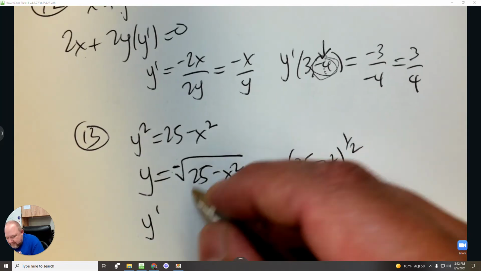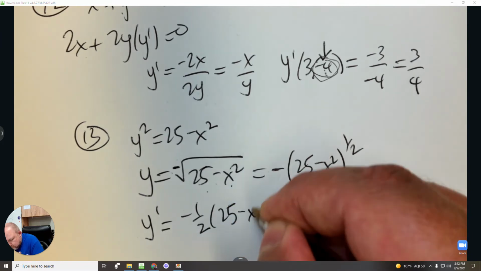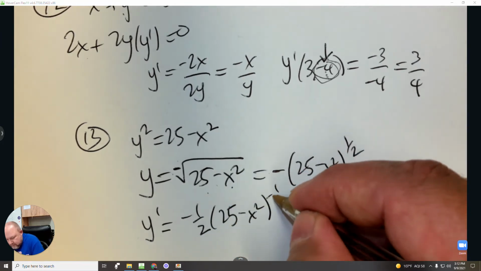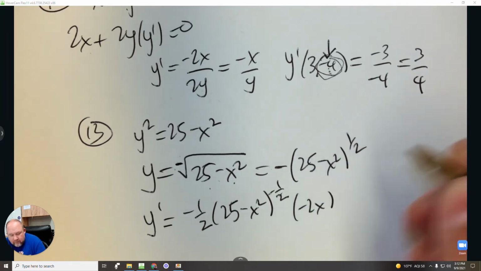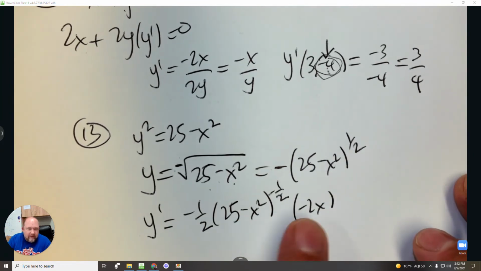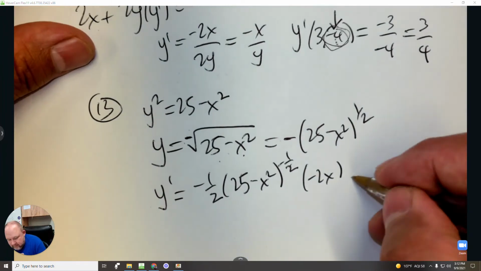We have negative a half, and then subtract 1 is negative a half, and then the chain or the hook on, the derivative inside is negative 2x. I could simplify this.